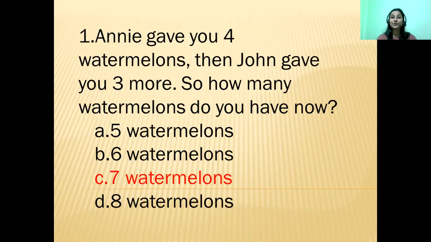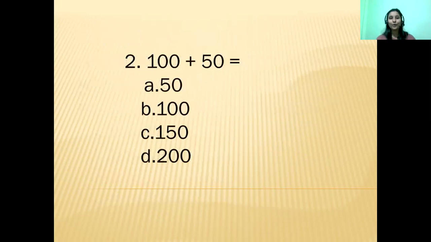Okay, are you ready for the second question? And the second question is here. Oh, it's too easy. 100 plus 50 is equal to what? Is it A, 50, B, 100, C, 150, and D, 200?